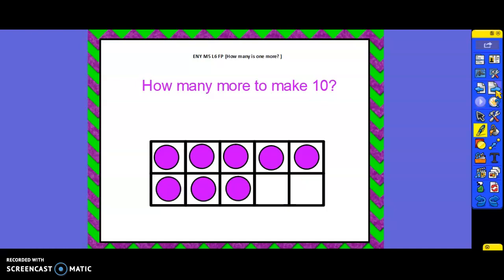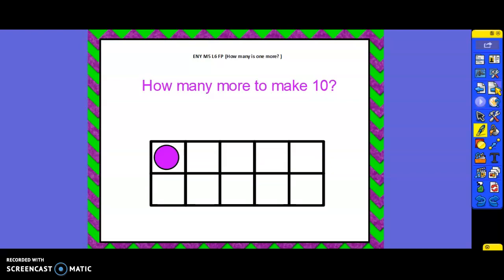Good. Think, count, answer in your bubble, and pop. Yes, 2. We have 8, and 2 more gives us 10. Great job. Last one.